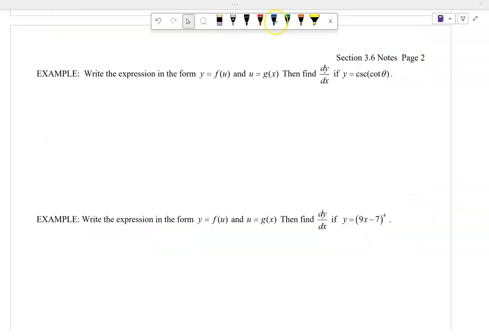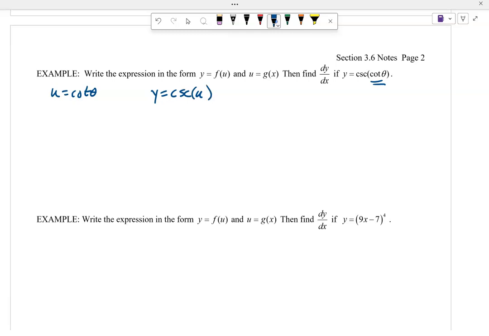Let's keep going here. We've got another composite function. Instead of cosecant of x, I have cosecant of cotangent. So that's my u. My u is that cotangent. If I let u be cotangent, what I have is the cosecant of u.